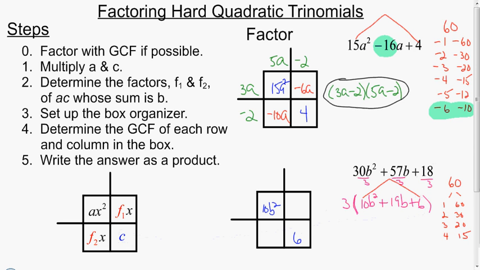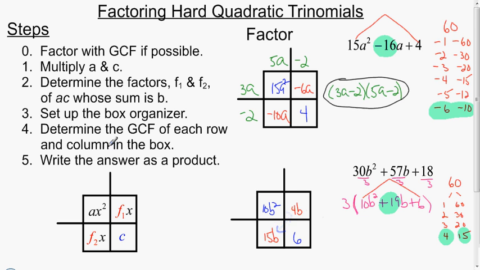And then we're going to use my magic factor pairs here, which were 4 and 15, whose sum was 19. And then I'm going to make 4b and 15b in my remaining boxes. Again, that order does not matter.